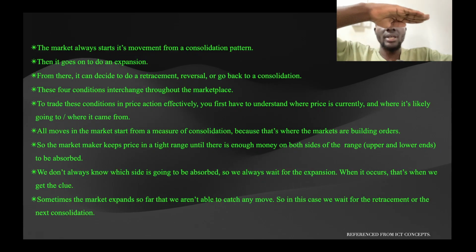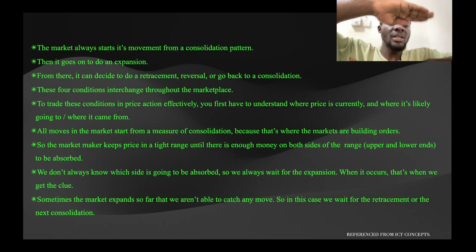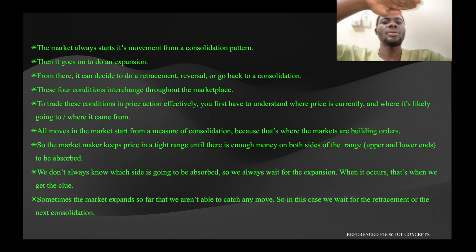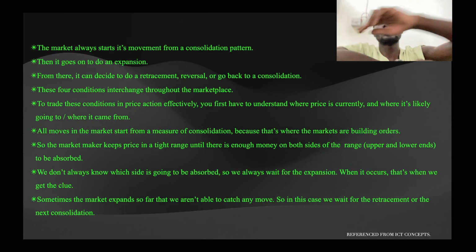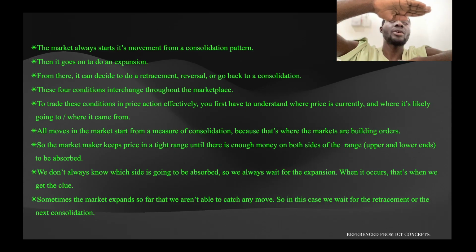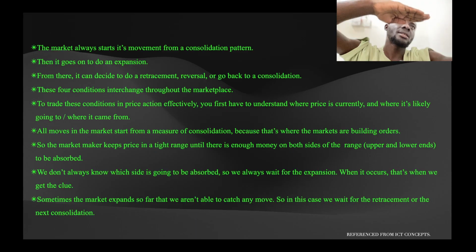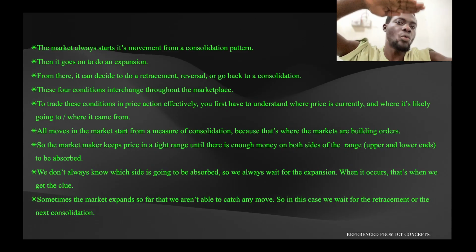So they take up orders from down, up, down, up, down, up. Then they look at both levels and they say, okay, now there are a lot of orders on the upper end of this consolidation range. So that's what we are going to go for.